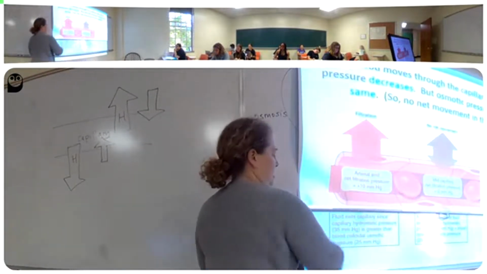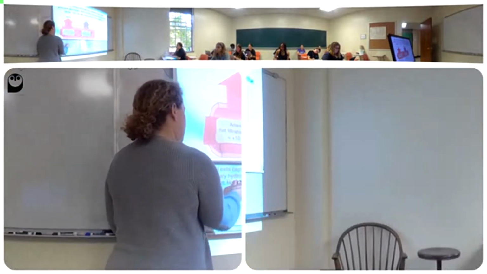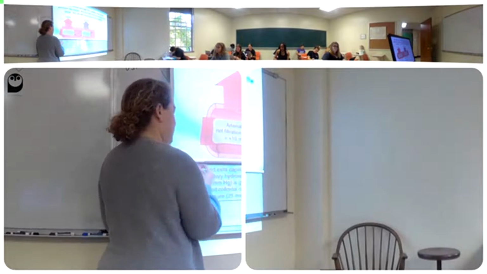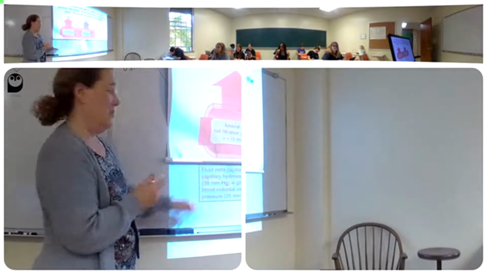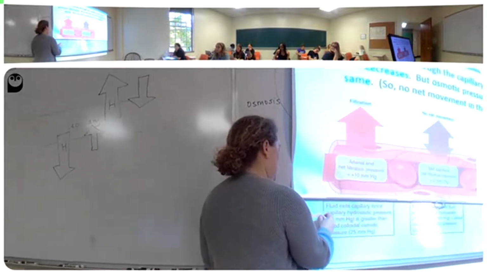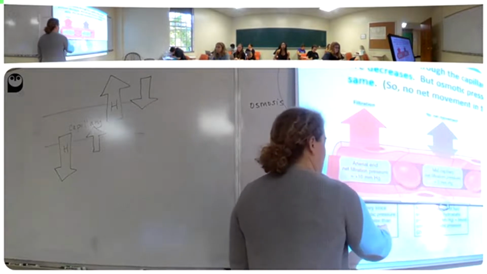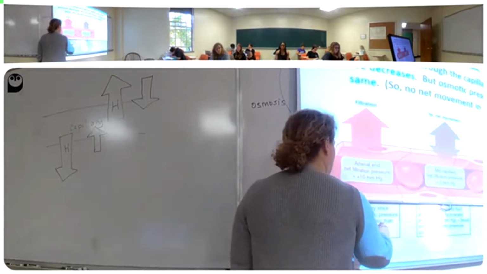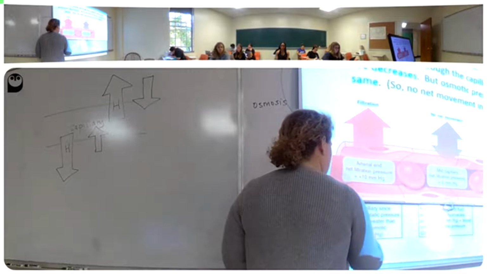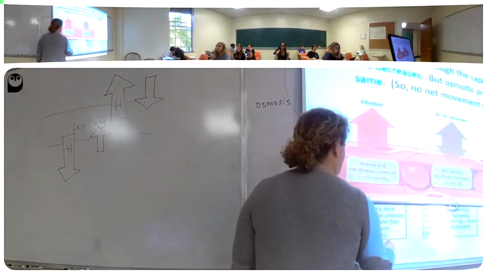At this position right here, the hydrostatic pressure is 35 millimeters of mercury. That's just a unit, outward. And the osmotic pressure, which is not shown on here, is 25 millimeters of mercury inward.